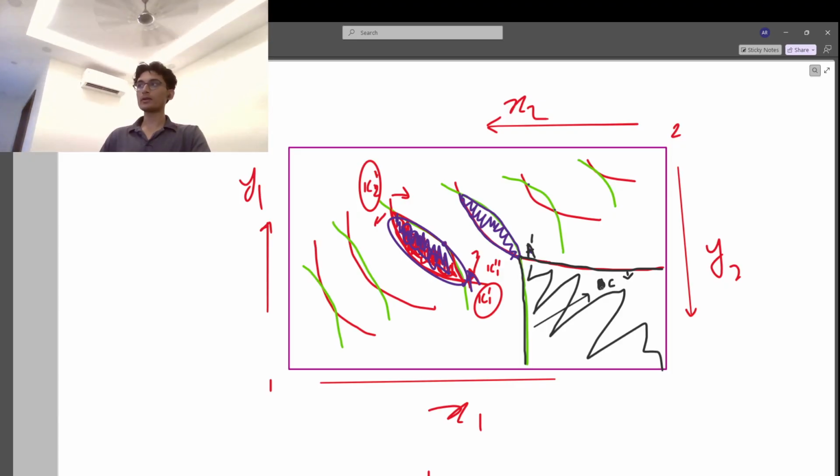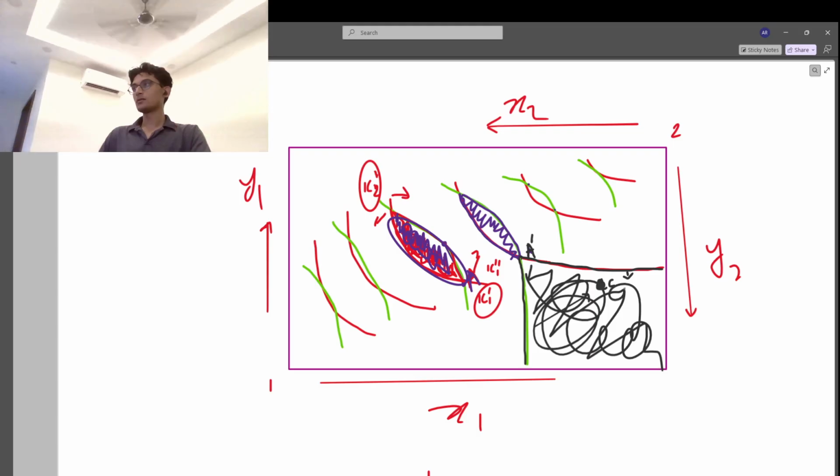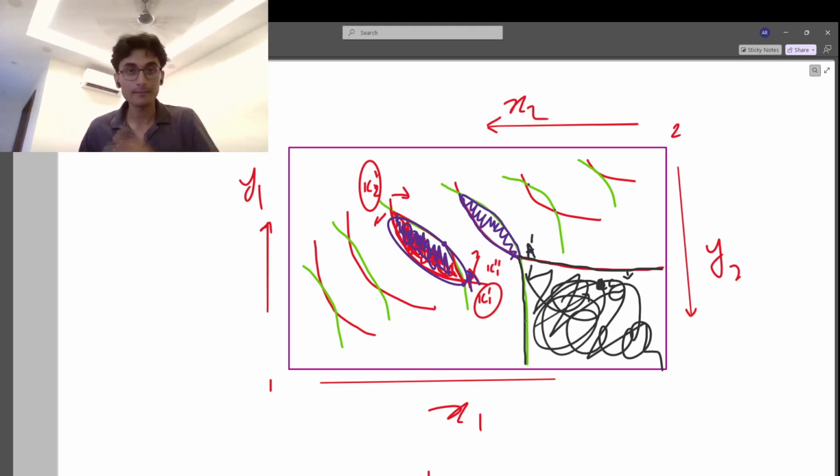So this point is Pareto inferior. So any point in this region will be Pareto inferior.